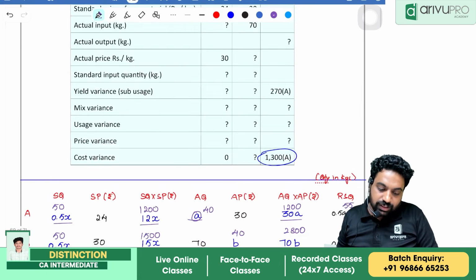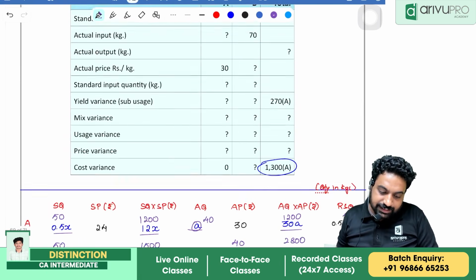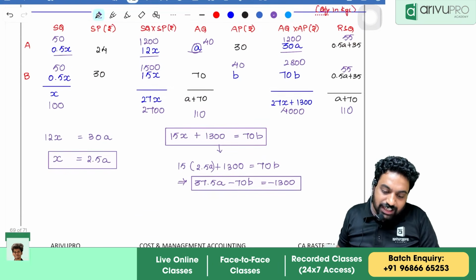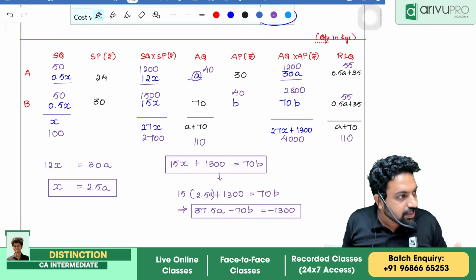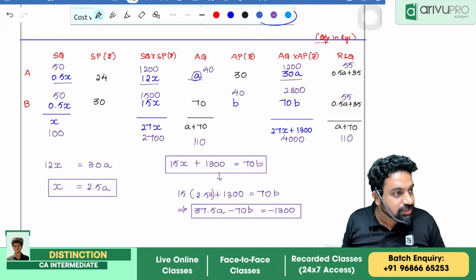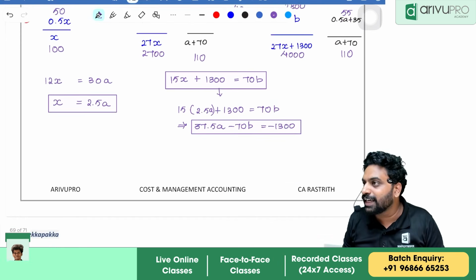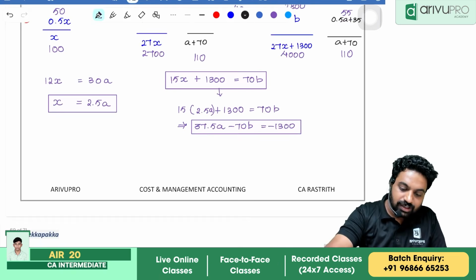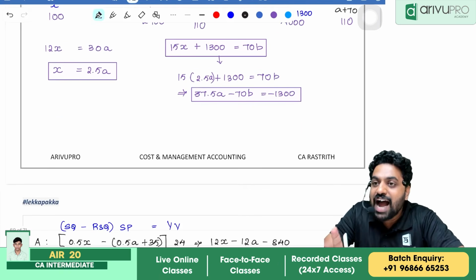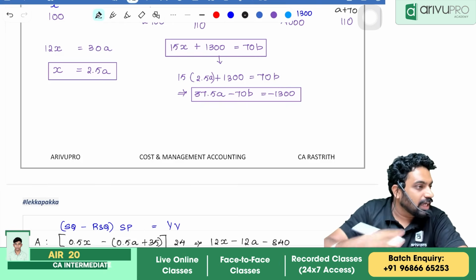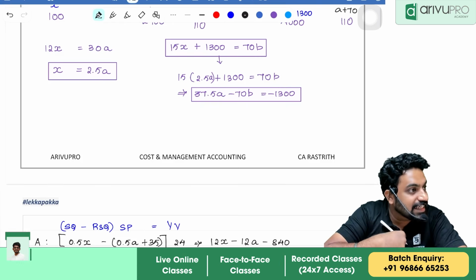Next one. Listen. In this, actual input is how much? 110. Actual output is how much? How to derive that? Guys, what do you mean by standard quantity? Standard quantity for actual output. I don't know actual output. Shall I take it as A?